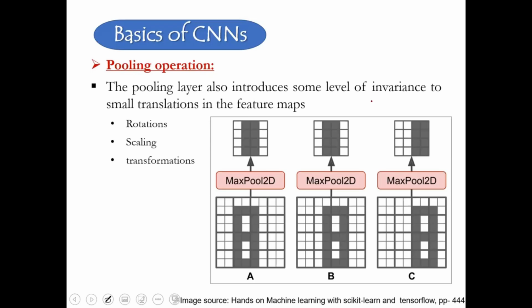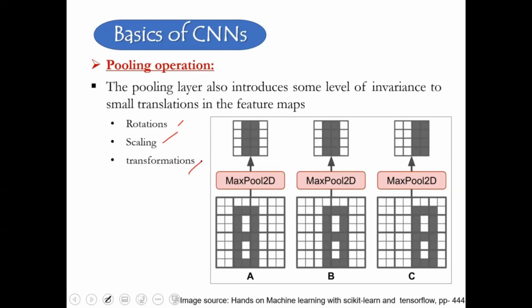So the pooling layer also introduces some invariance in the translations, but the translations should be small, not bigger. If a large translation occurs, that is handled by the convolution operation, but small transformations like rotation, scaling, or simple linear transformation can be handled.